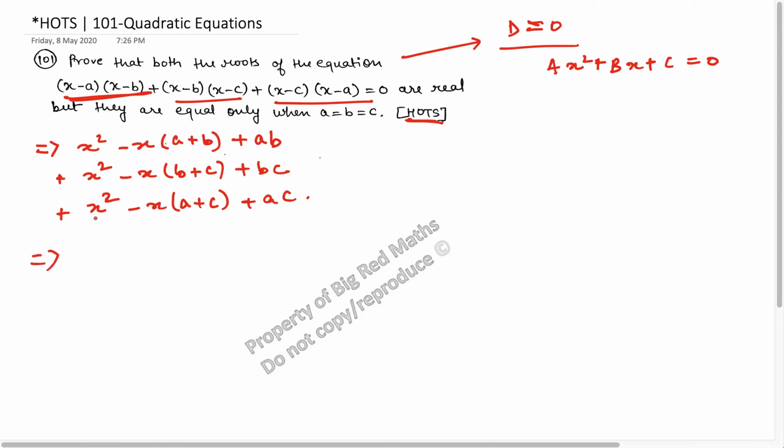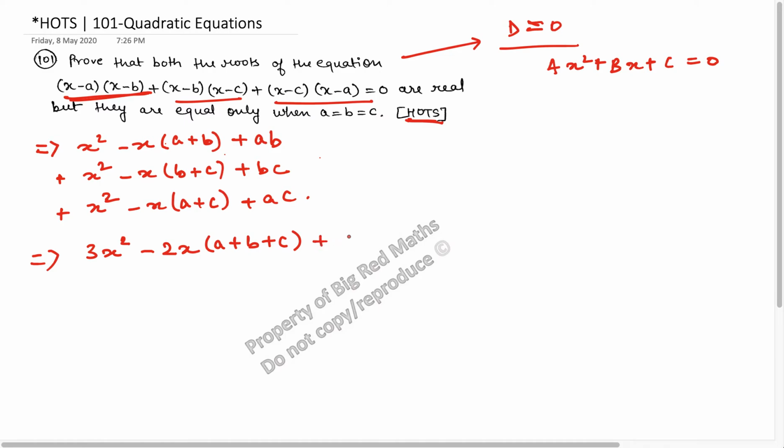Now all the three x squares I can add, and it will become 3x square. All the x terms we can add, and it becomes minus 2x into (a plus b plus c). I have tried to maintain the symmetry as much as possible.